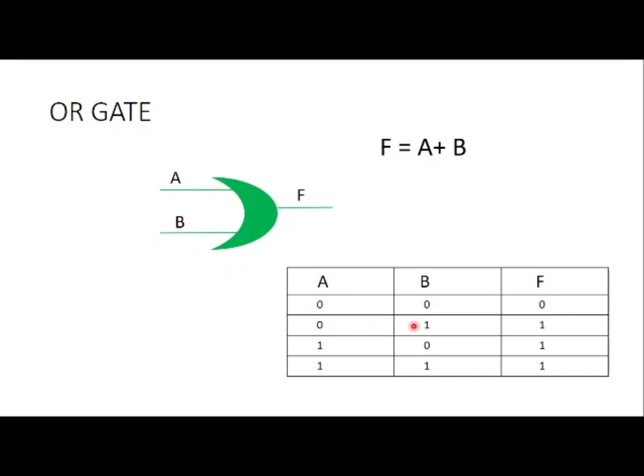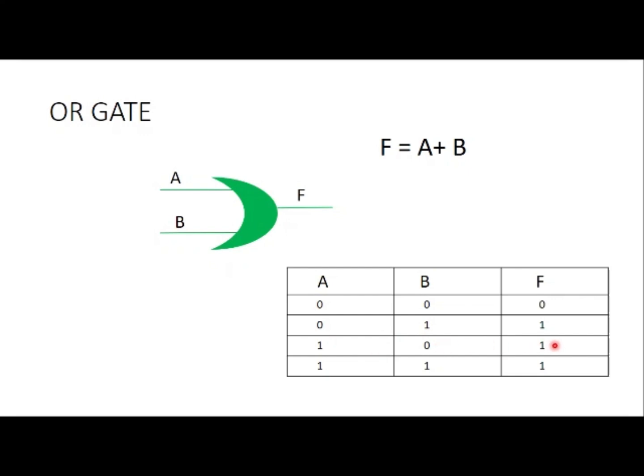But when A is 0 and B is 1, now one input has 0 and one has 1, then the output will be 1. So the special feature of the OR gate: if either one of the inputs is 1, the output will be 1. It's addition. And here A is 1 and B is 0, then it will again be 1. So F is based on A plus B.